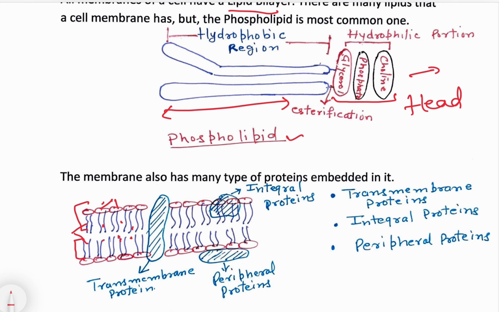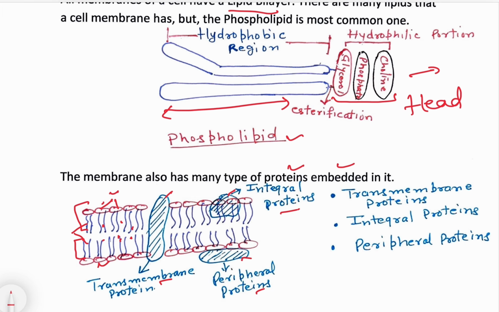The membrane itself has many types of proteins embedded in it. So beside these phospholipids right here and right here, these are some of the proteins. And this one is called a transmembrane protein, this is called an integral protein, and this one is a peripheral protein.